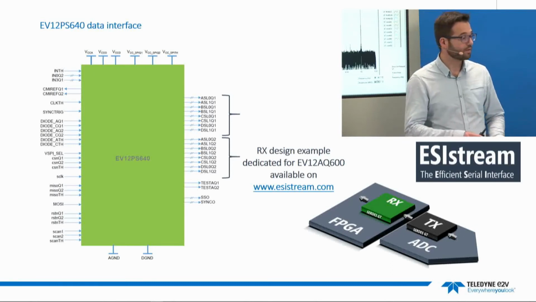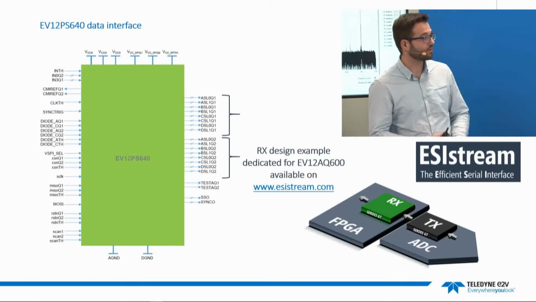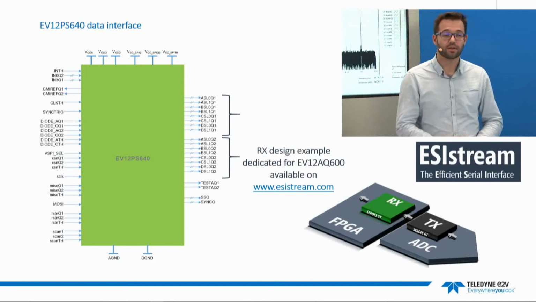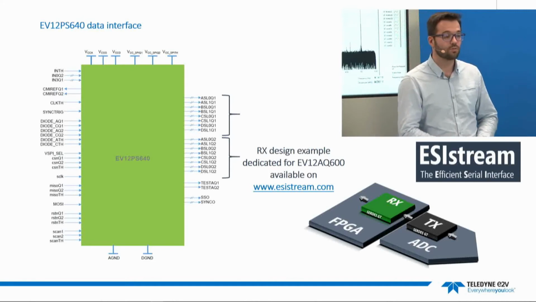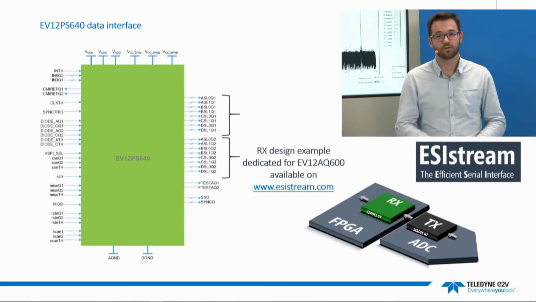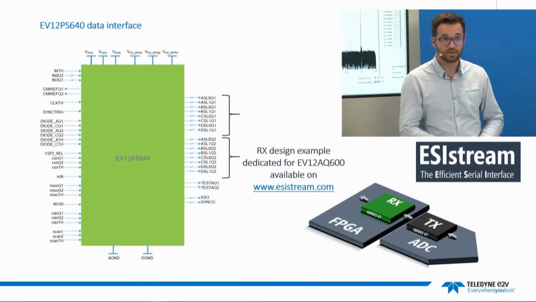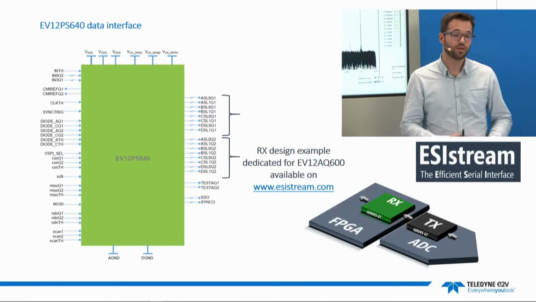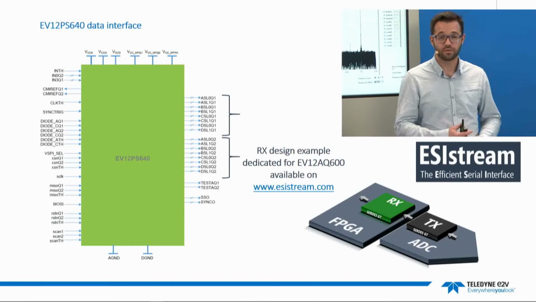Of course, for the next generation of ADC, we will also improve the data interface. To reduce the number of lanes, we will introduce a new revision of the EasyStream protocol using, instead of 14/16 encoding, 60/64 encoding to increase the efficiency, and on this future device reduce the number of lanes to 11.